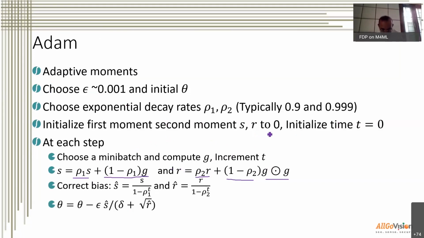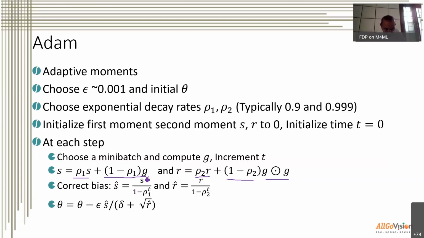Because we are setting them initially to 0, the first S I get is only 1 minus rho 1 times G, and that's biased, because I should have actually got G. In true sense, I'm expecting the gradient.